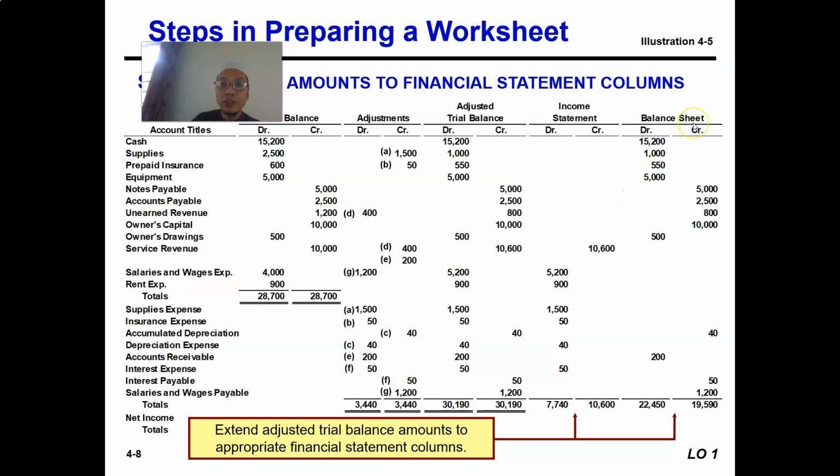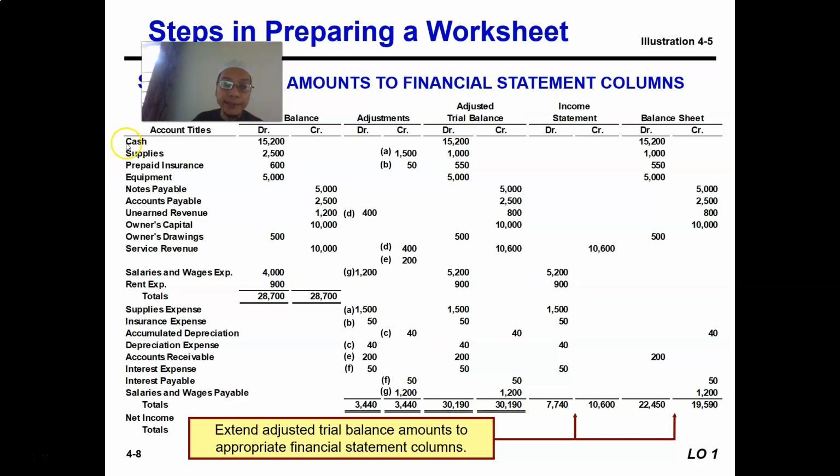Whereas the balance sheet will show the current standing of our assets, our liabilities, and our owner's equity. Therefore, all of the assets, all of the liability accounts and all of the owner's capital accounts will go into our balance sheet. So we go one by one.